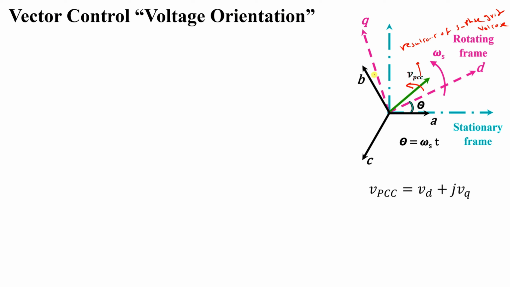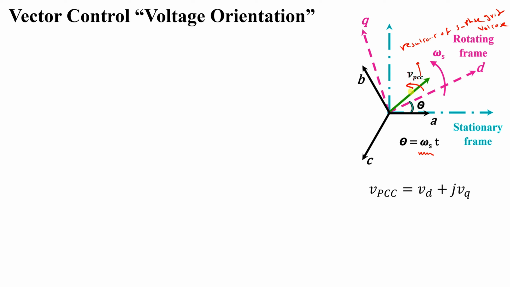It was rotating like this in space with an angular velocity equal to the synchronous speed, omega s. It was rotating with omega s, and then we draw it to the rotating frame DQ, which was also rotating with omega s.